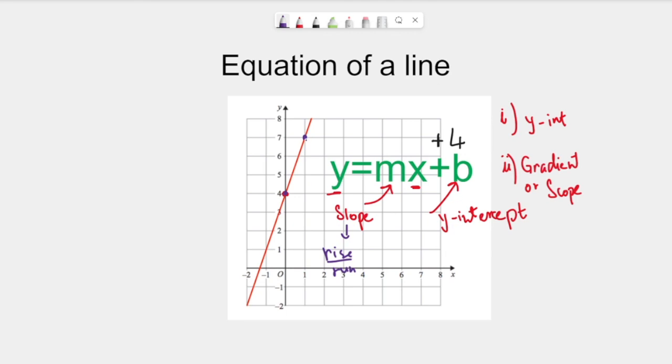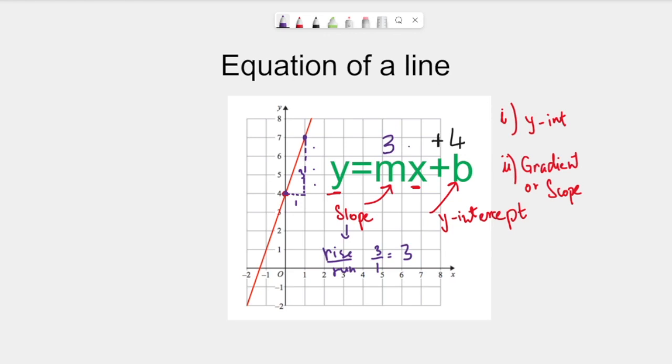From that point you come down until you reach the second point and then go left to the second point. So it is 1, 2, 3 and 1. So it's 3 rise over 1 run. 3 over 1 is actually 3. So our slope is a positive 3.